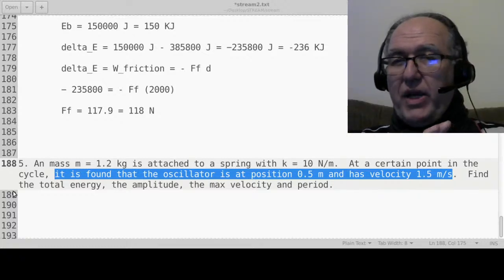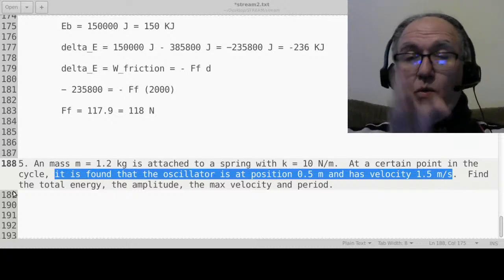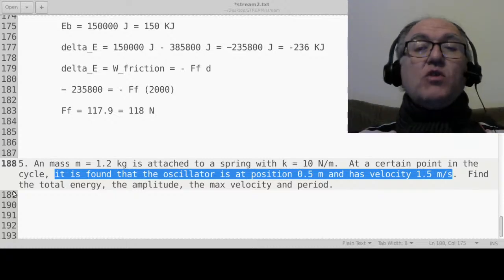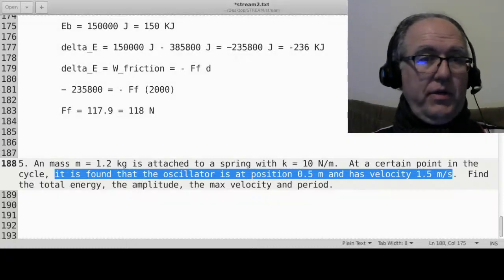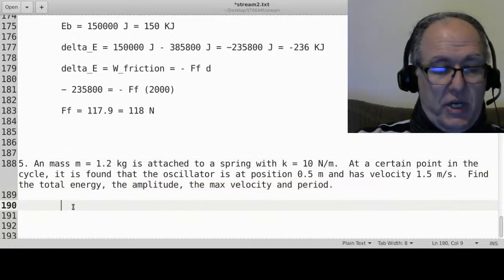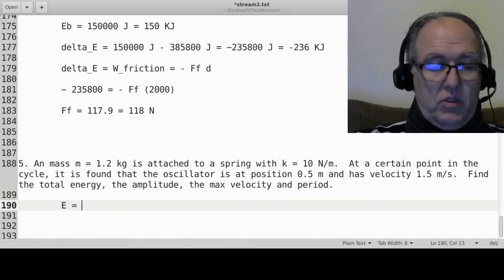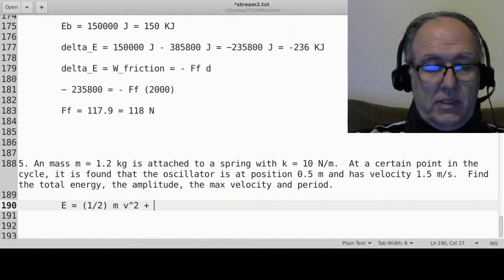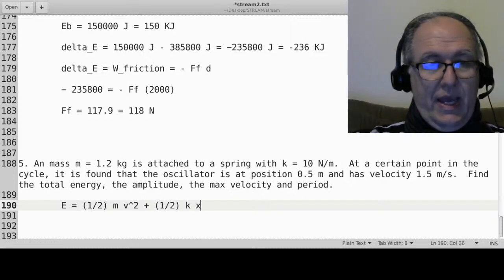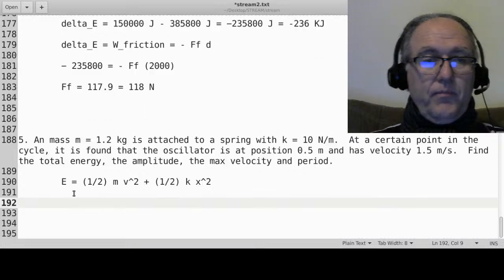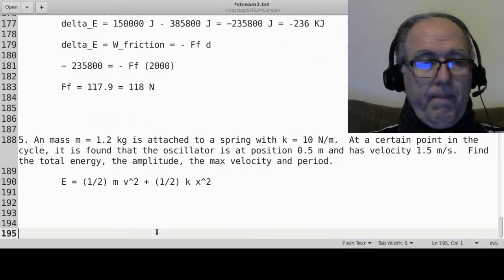You can't use the equation for total energy in the middle, which is 1/2 m v max squared. You have to use the generic energy equation for an oscillator. And that generic equation is E equals 1/2 m v squared plus 1/2 k x squared, like that.